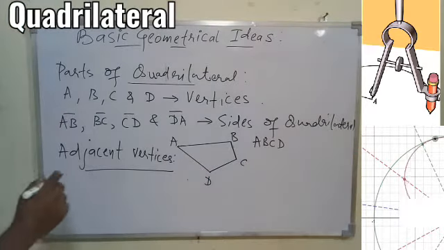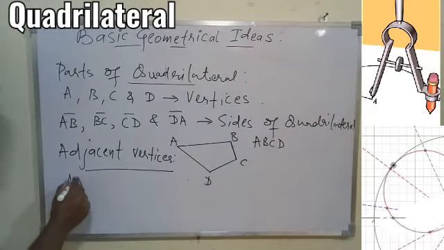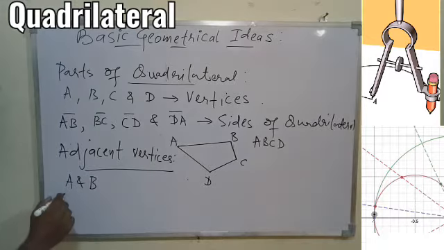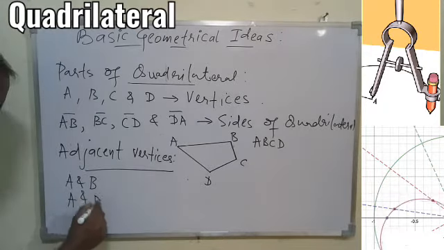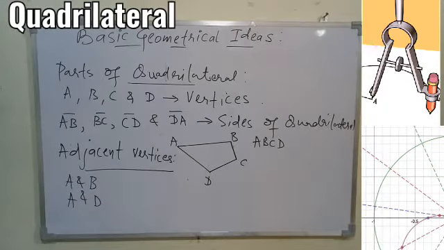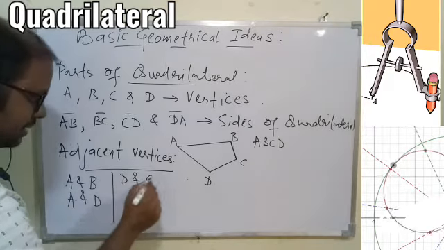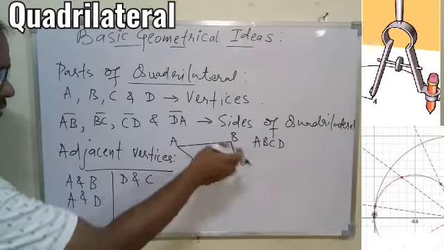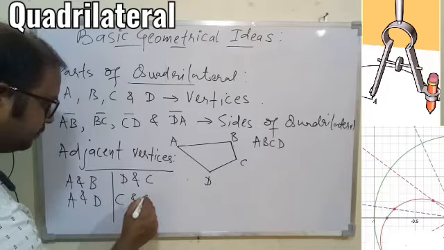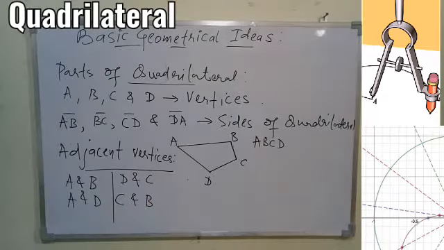So we can say here, that is A and B, A and D. Then we can talk about D and C. Then C and B. So I hope you understood.